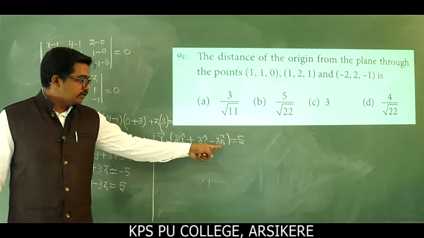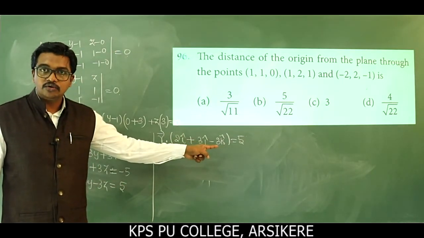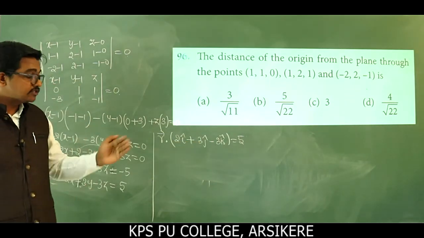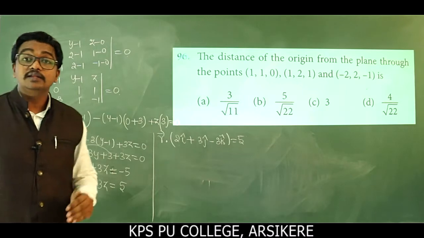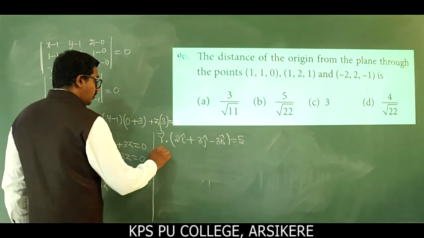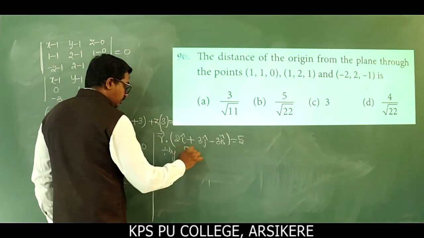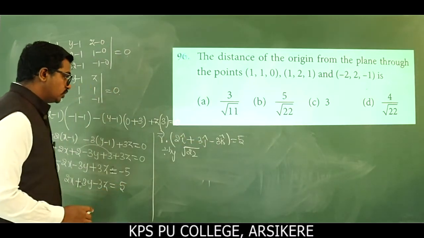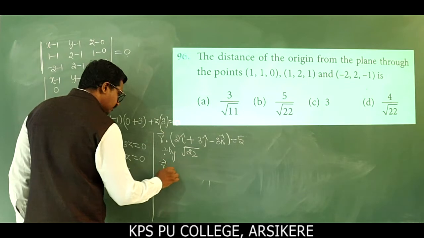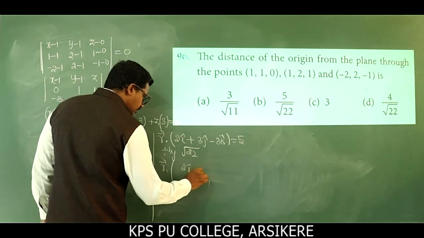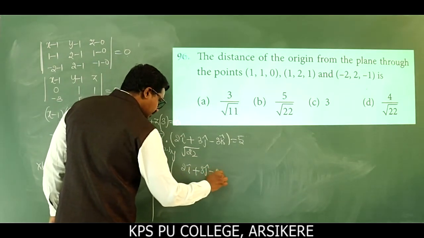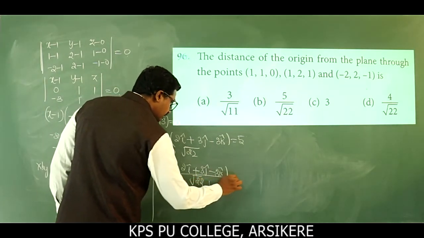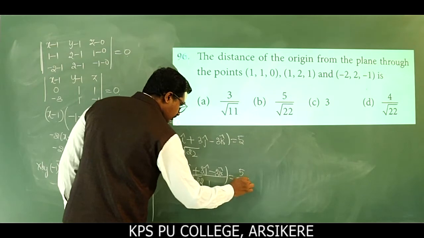So the magnitude, square root of 22, is not equal to 1, hence this is not a unit normal vector. That's why we have to reduce it to a unit normal vector by dividing by the magnitude. So divide throughout by root 22, the magnitude of this vector. Therefore, we will have vector r dot (2i plus 3j minus 3k) whole divided by square root of 22, and here also 5 divided by root 22.